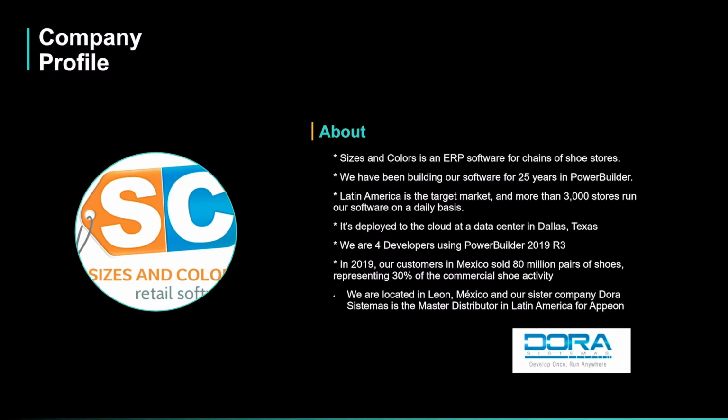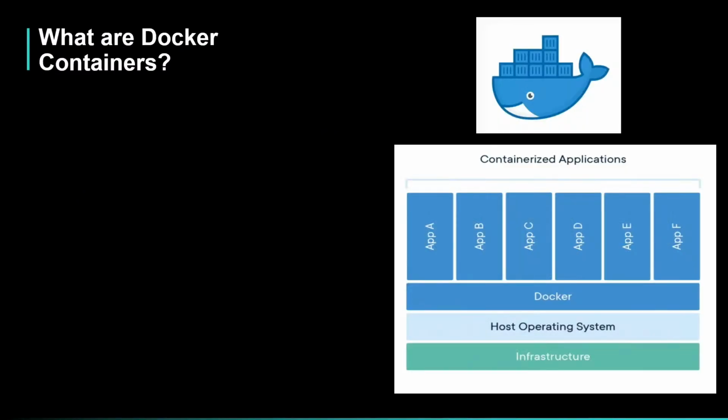We are for developers using PowerBuilder 2019 R3. And in 2019, our customers in Mexico sold 80 million pairs of shoes, representing the 30% of the commercial shoe activity. We are located in Leon, Mexico, and our sister company, Dora Sistemas, is a master distributor in Latin America for Appian.